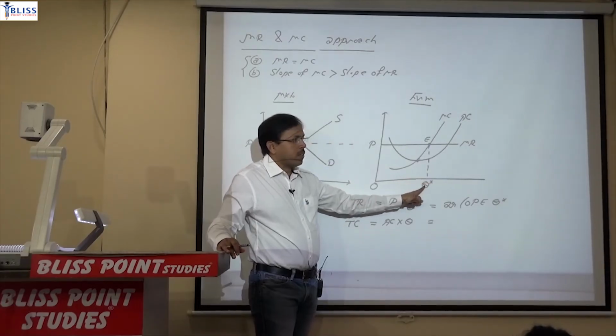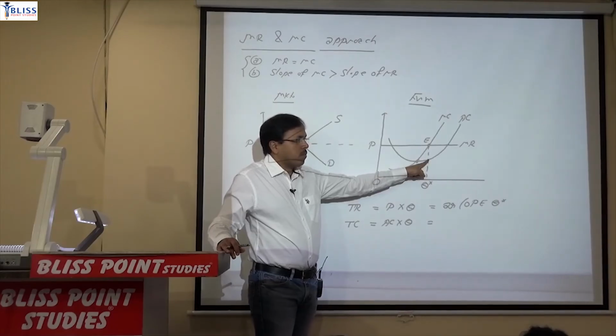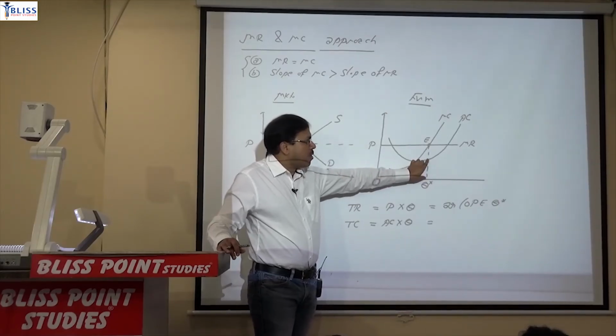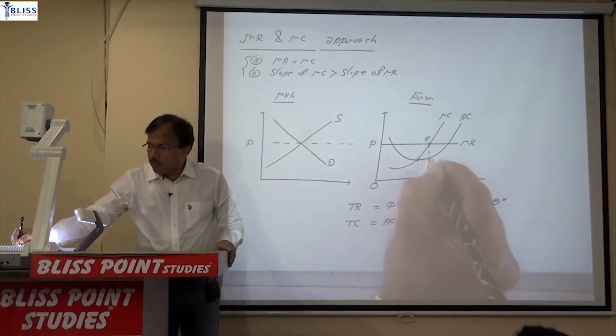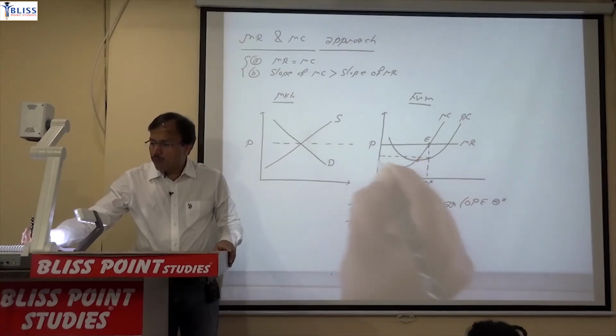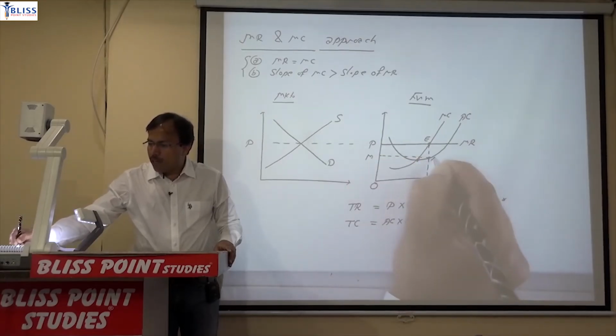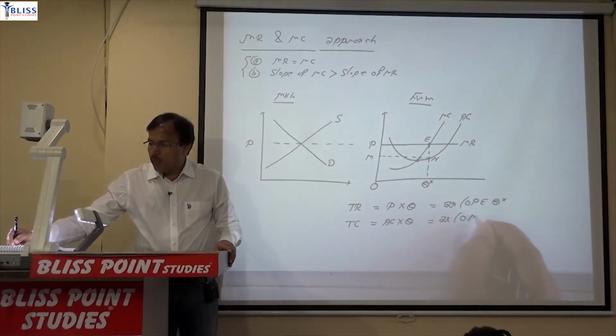This is the average cost for that quantity. So from this point, mark it and write MN. So which area? O M N Q star.